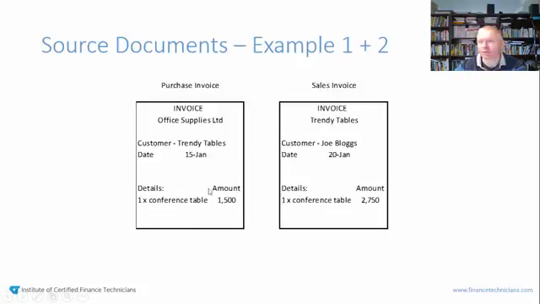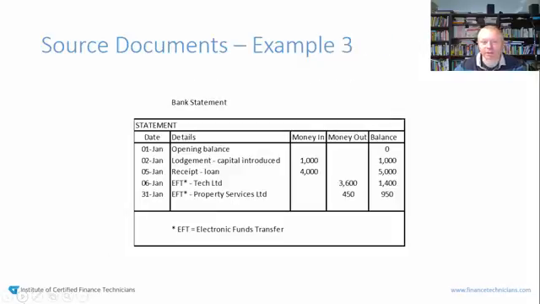We buy it from somebody for $1,500 or euros or sterling, and we sell it for 2,750. The difference between this figure and this figure will be our profit. But we can't just have all these pieces of paper or soft copies hanging around on computers unless we can trace the information in a systematic way. We won't be able to produce any bookkeeping records. So let's have a look at that.